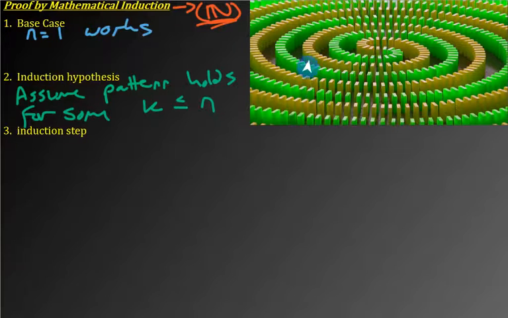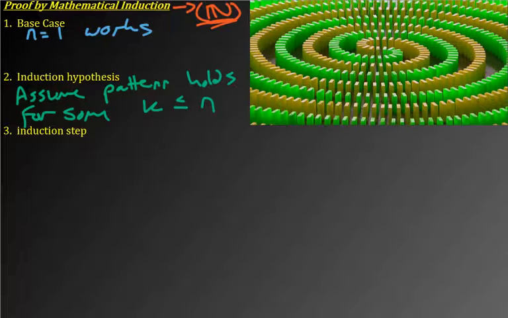The idea with dominoes is that if we knock one domino down, then it knocks the next one down. So we can let k be anywhere in this chunk of dominoes, and anywhere we're at, we assume that the kth one knocks down the k plus 1 one. Basically, the pattern just holds for somewhere in that cycle.